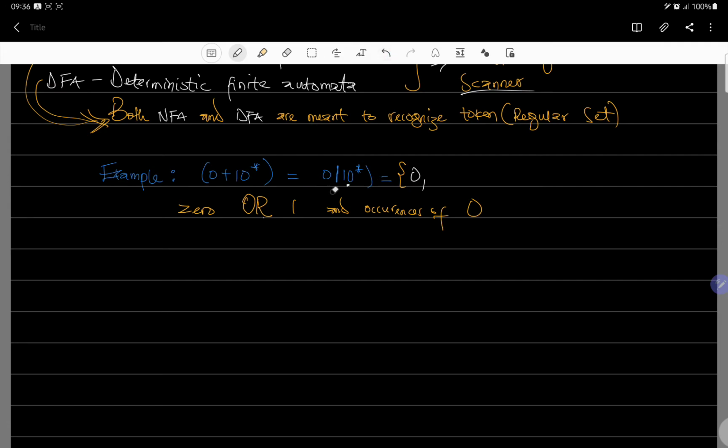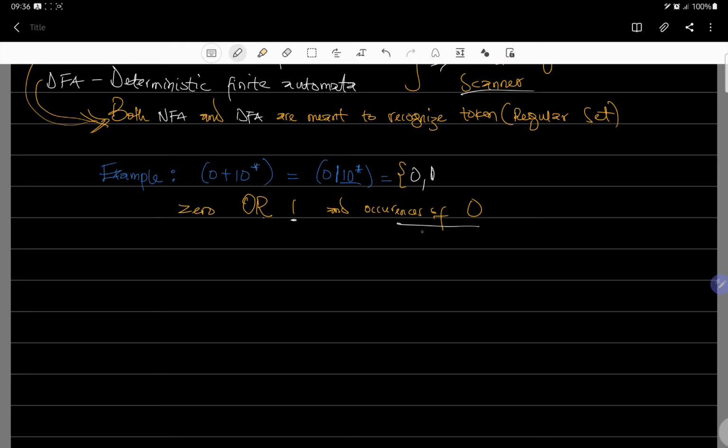Now we continue. Let's say this one did not come again, and this is the part that is coming. Now if that other part comes, it simply means 1, and we said occurrences of 0.